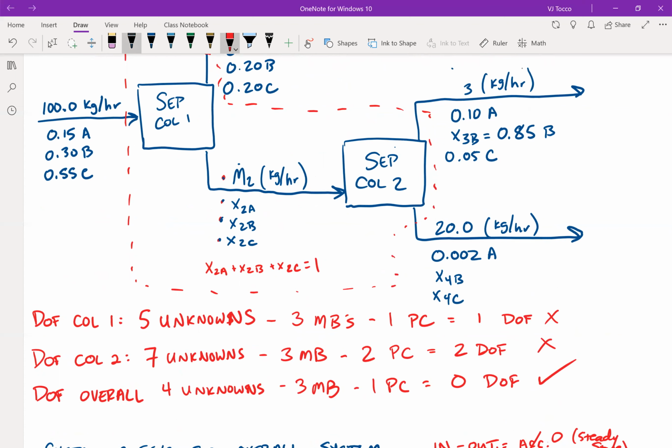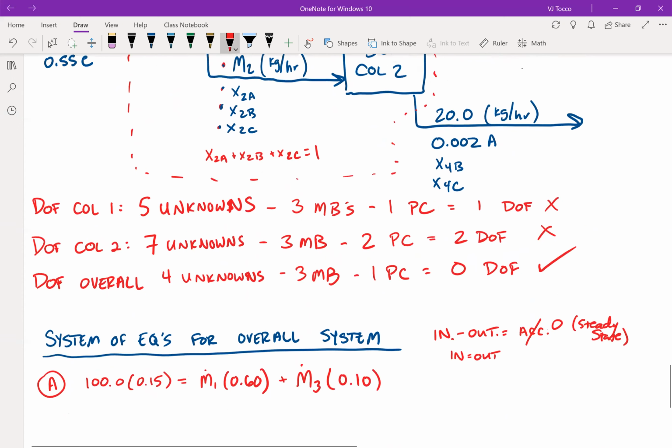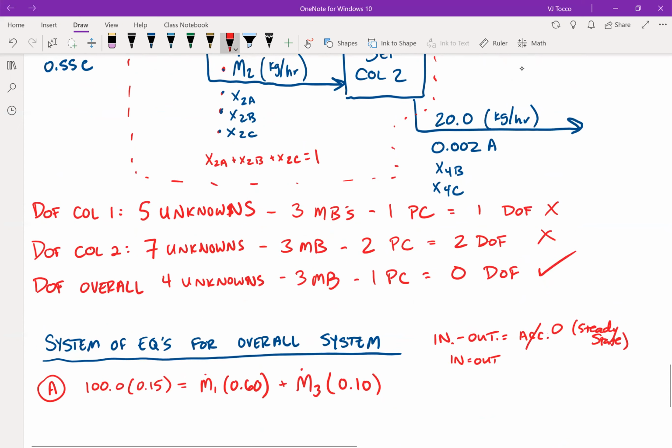I don't know how this got erased. This is M3, M3 times 0.10. And I have A coming out in the bottom, so 20.0 times 0.002.